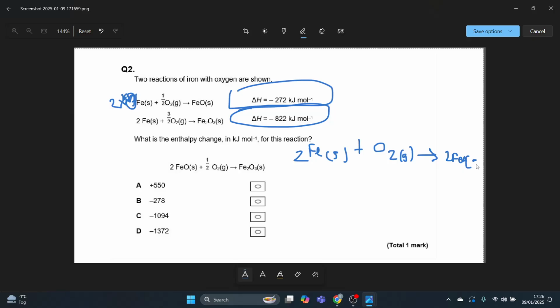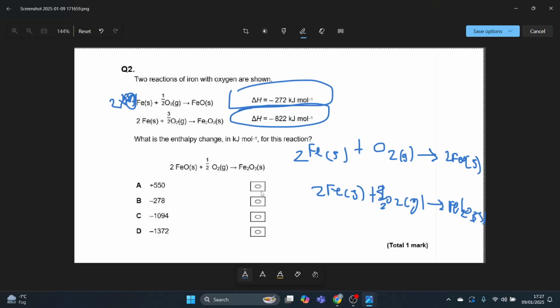2FeO solid. And we've also got 2Fe solid plus 3/2 O2 gas arrow Fe2O3 solid.